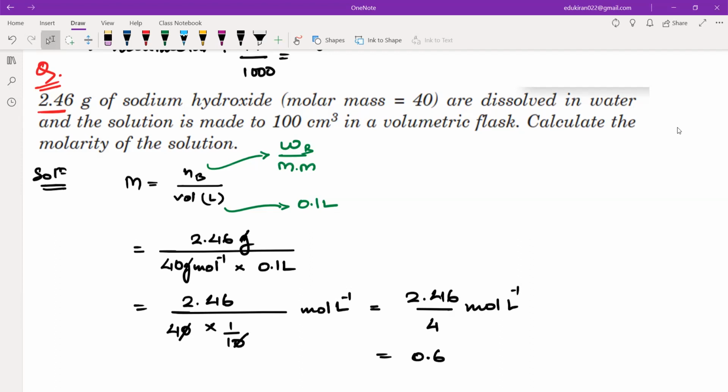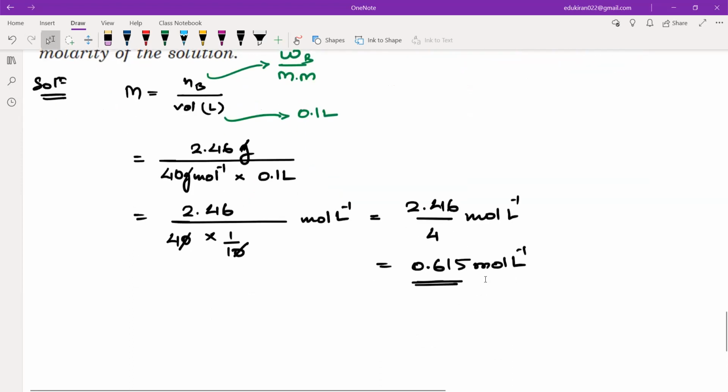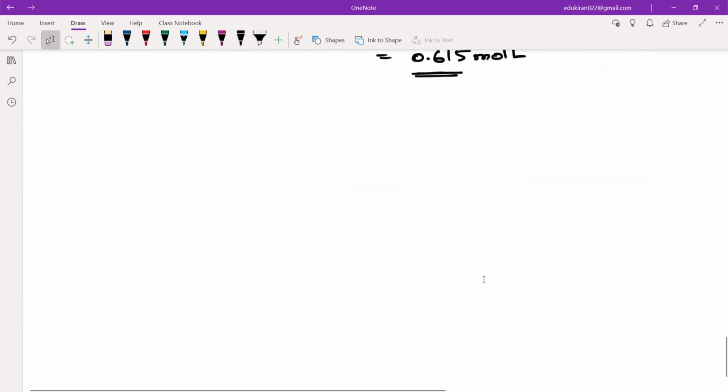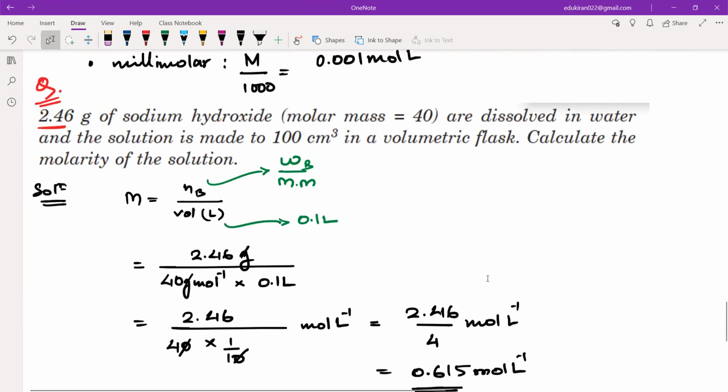It will be 0.6-something, so 0.615 moles per liter. Please write this down. These are easy questions, not much is there here. Done now? Let me know if you're not done. So we have seen molarity.